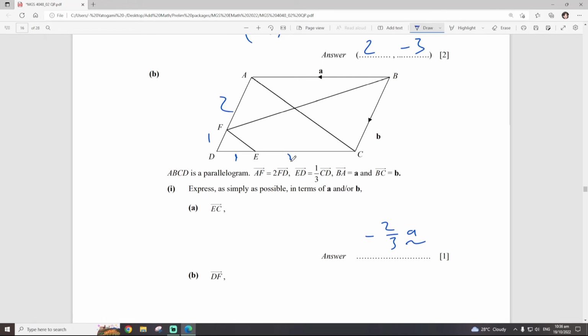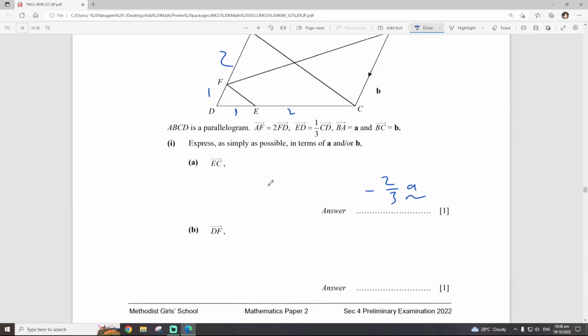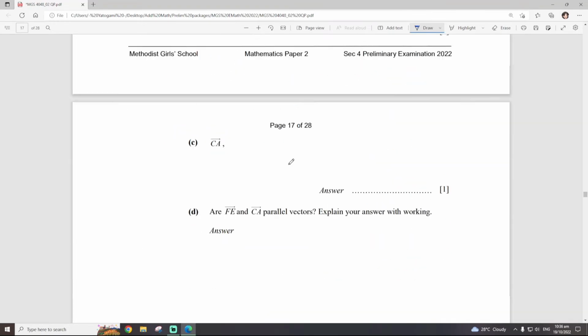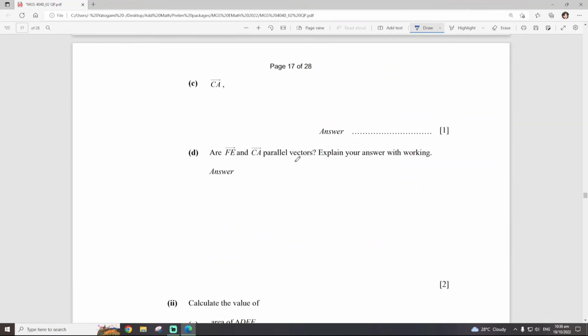DF, okay. DF is actually 1/3 of B, or rather, negative B. So take note of the direction of the vector. CA.